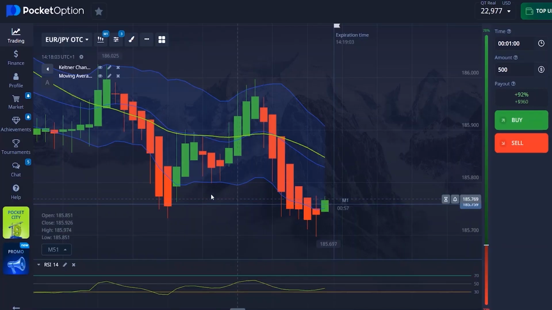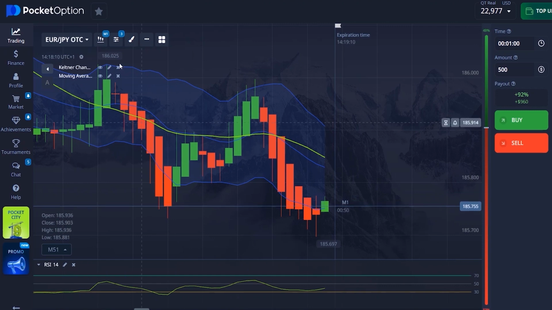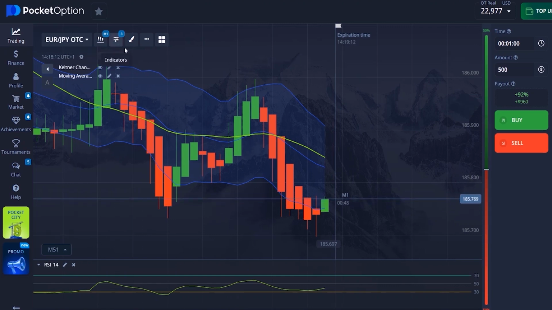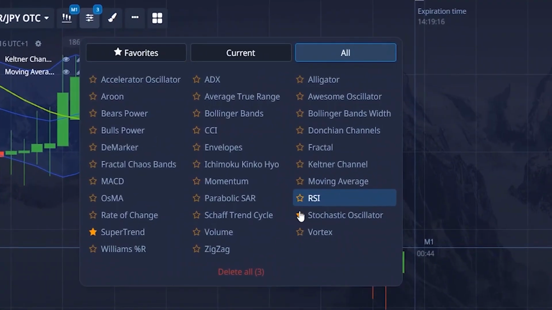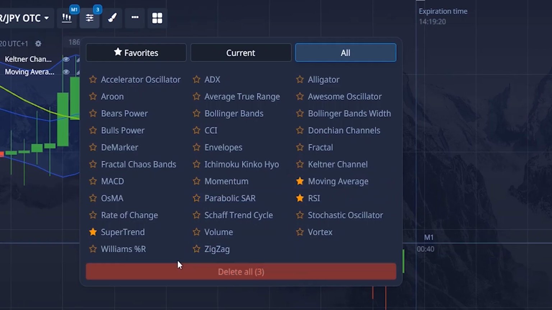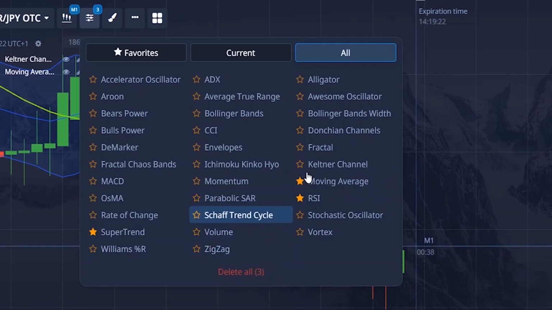So right here on the charts, I'm going to be using the Keltner channel, the moving average and the RSI indicators. So I can actually come over to the indicators section right here. So I can pick the RSI indicator, the moving average and the Keltner channel right here.